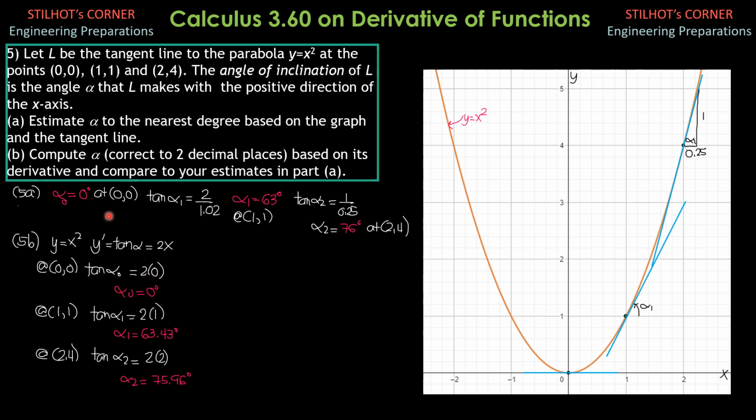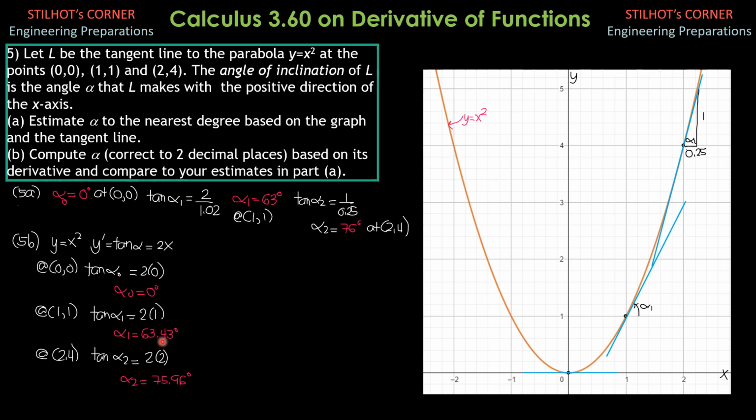We have accurate same values of alpha 0 at (0, 0). Then at (1, 1), tangent of alpha 1 is 2 times 1, so alpha 1 is 63.43 degrees as compared to 63 degrees, so they are very, very close.